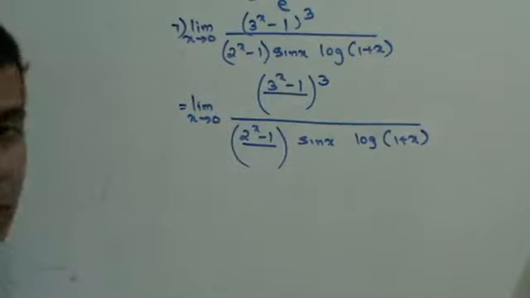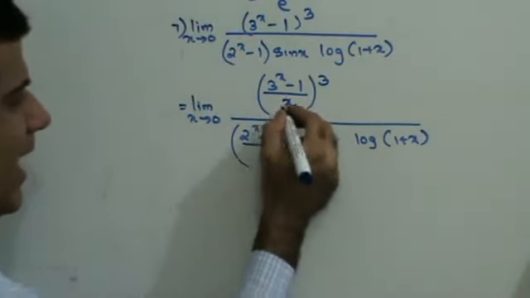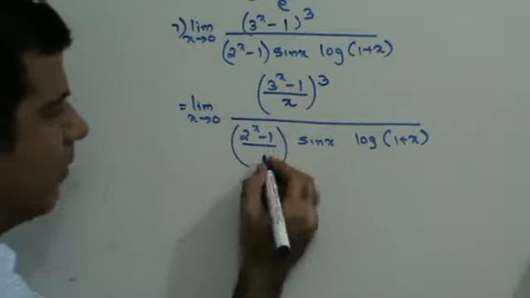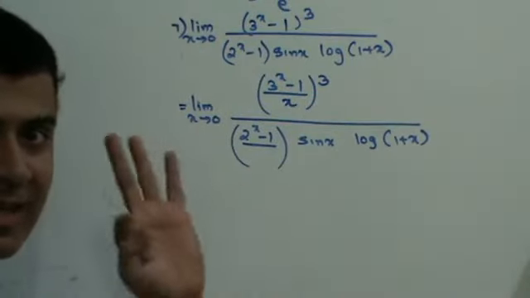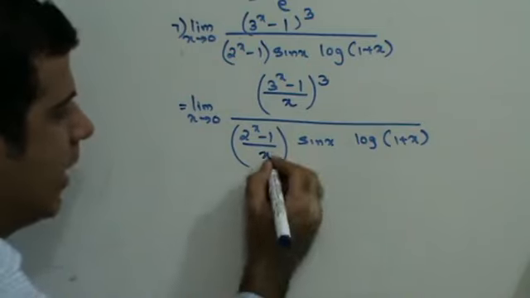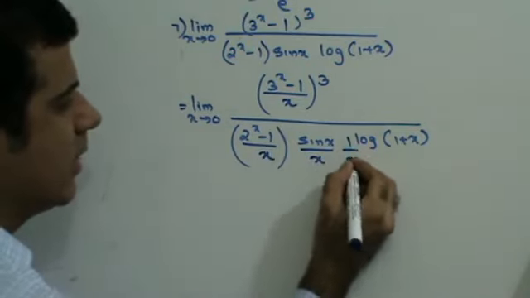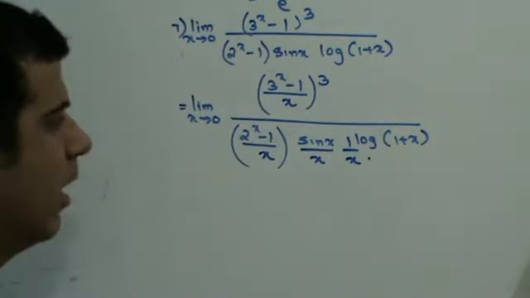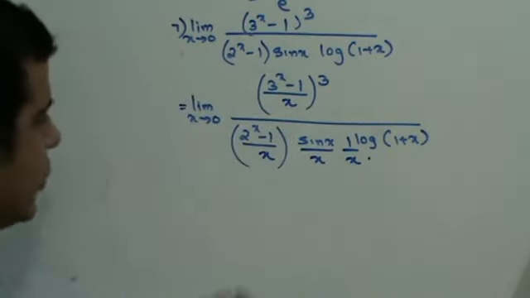Okay. Now divide the numerator by x cube. I am dividing the numerator by x cube, divide the denominator by x cube. That means I need 3 x's in the denominator. x, x, x. I have divided the numerator by x cube. I have divided the denominator by x cube.